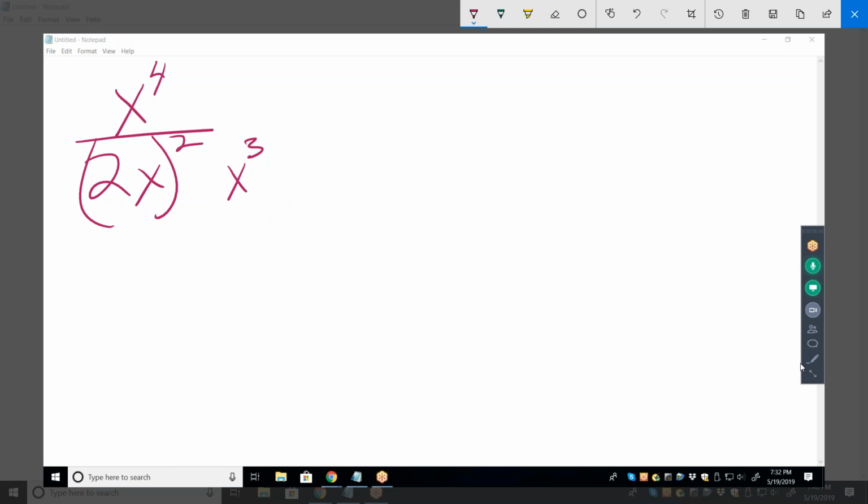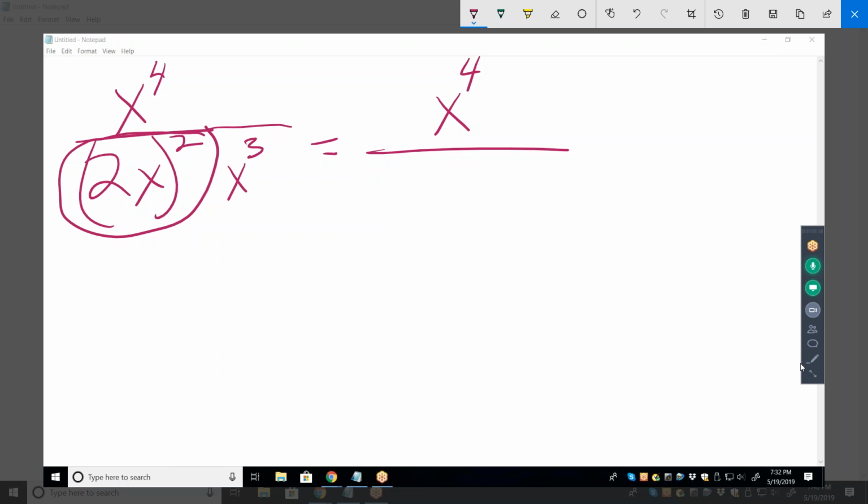Now, you have a lot of choices on how to proceed when you have this. You can do division first. You can do multiplication. But before you do multiplication, you got to do this exponentiation. So I would suggest we take care of that very first thing. What's 2x quantity squared? 2x squared?